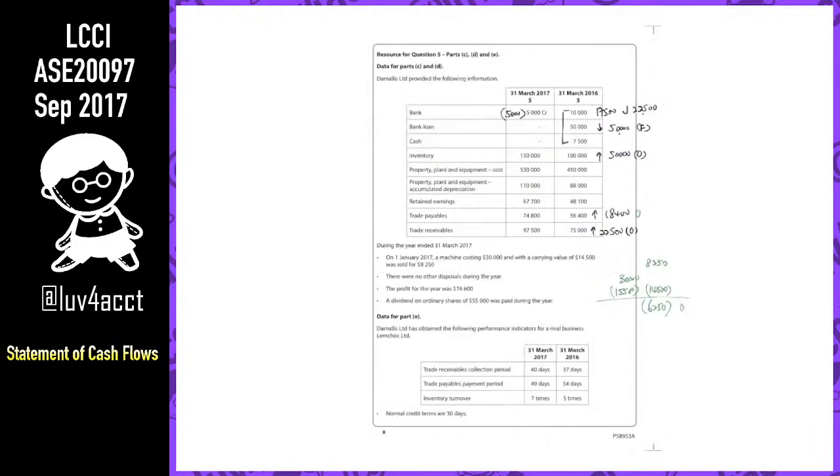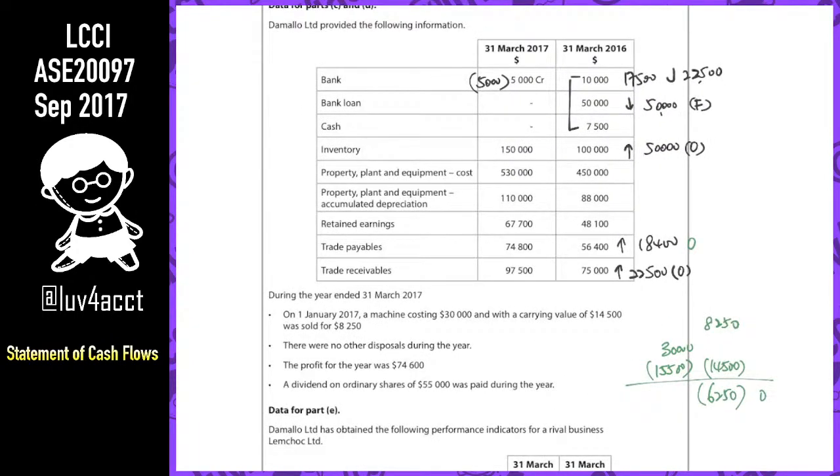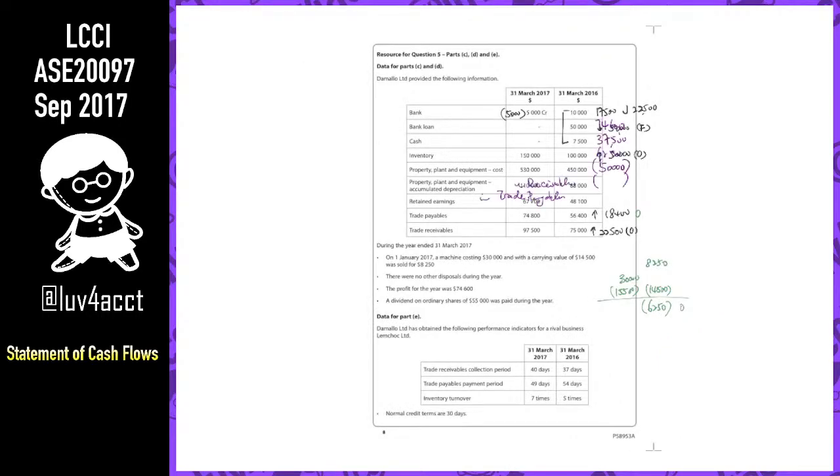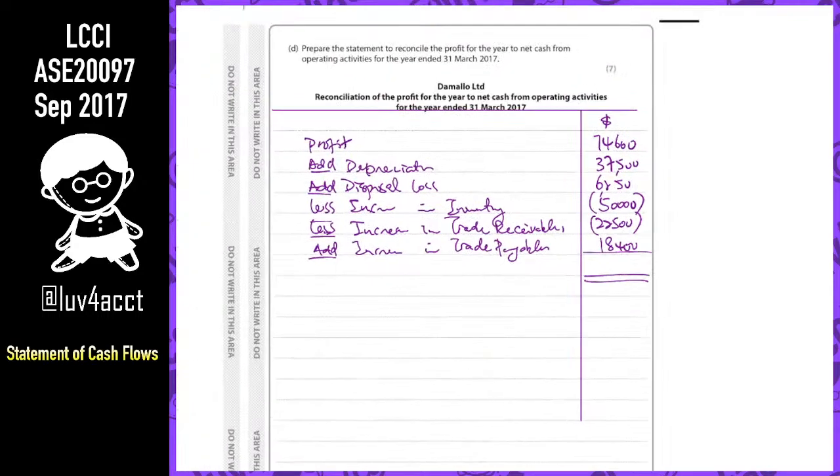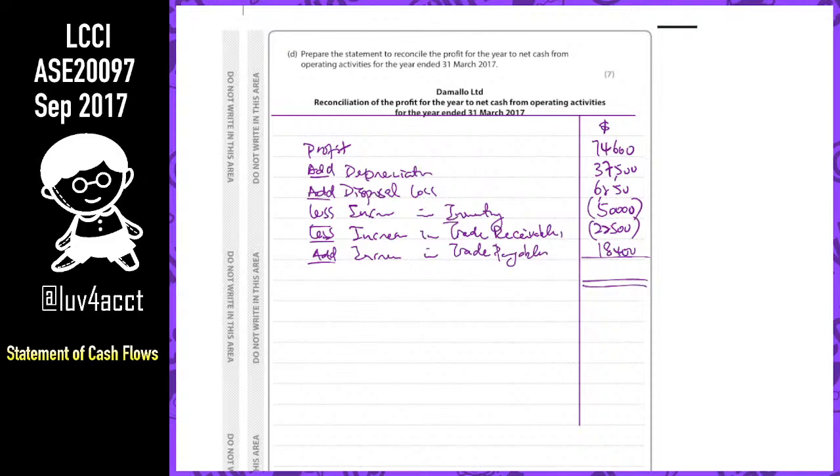Okay, so next you have 22500, 18400. Okay, so the total, the net amount would be 64250.